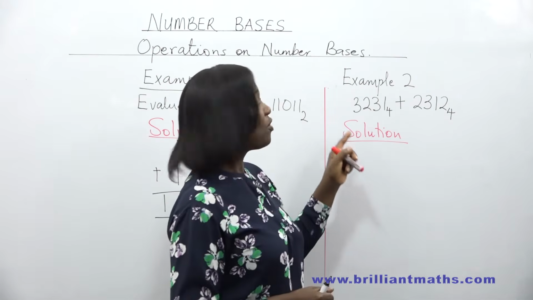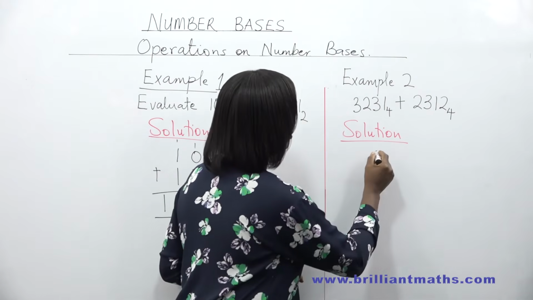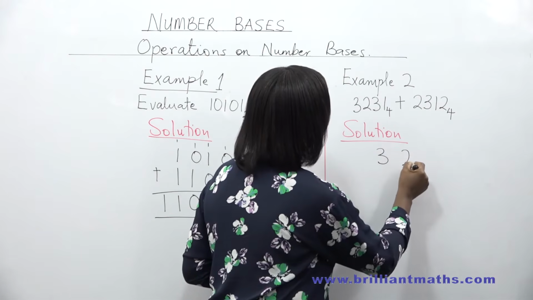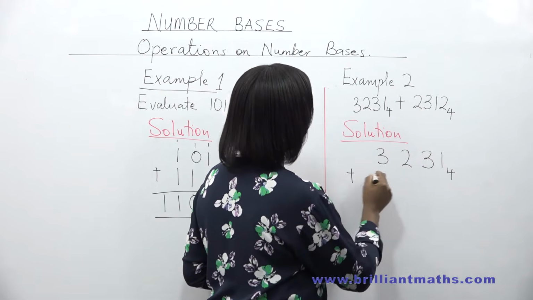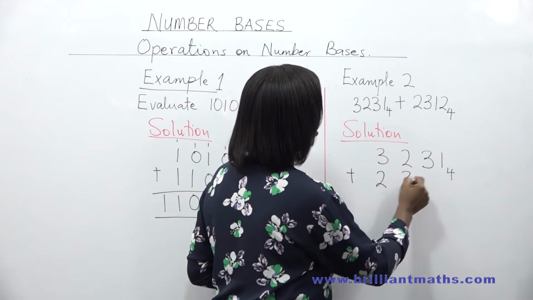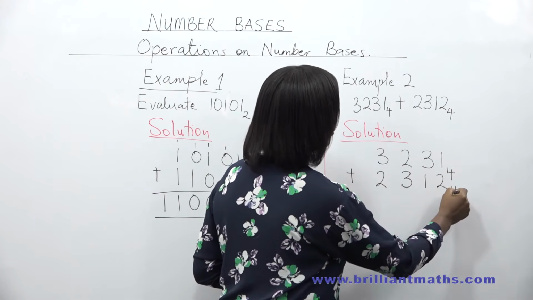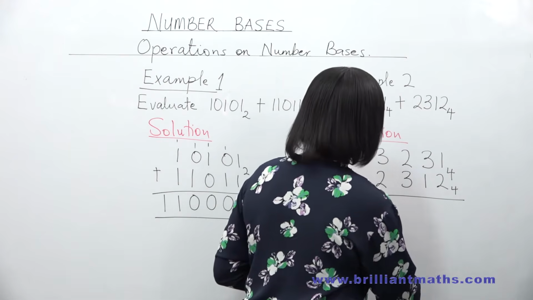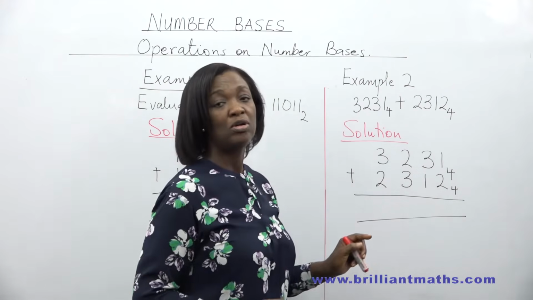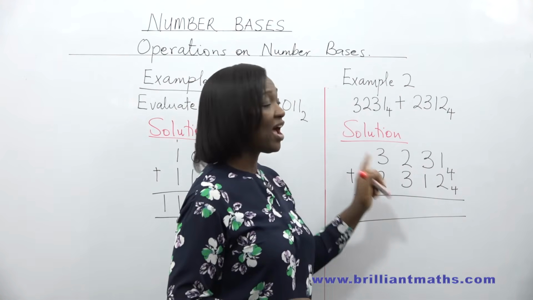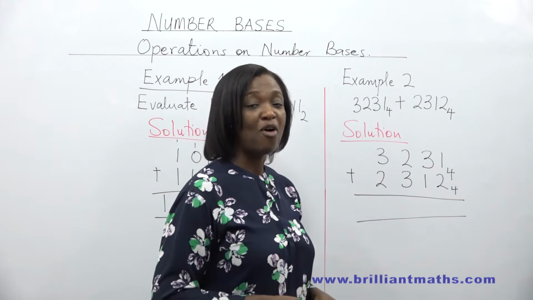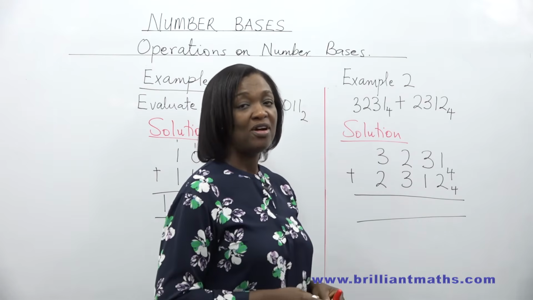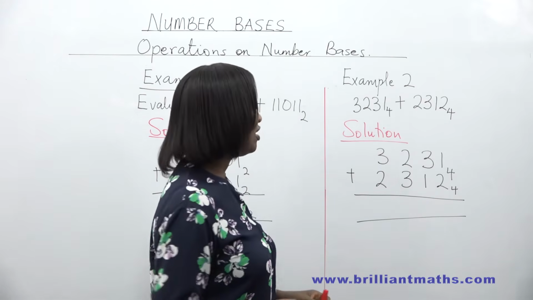Example 2, we're adding these two numbers. 3, 2, 3, 1, base 4, plus 2, 3, 1, 2, base 4. Both numbers are in base 4, so the highest digit we can have here is 3. Anytime we get a number of 4 or higher, we divide by 4 and write down the remainder.